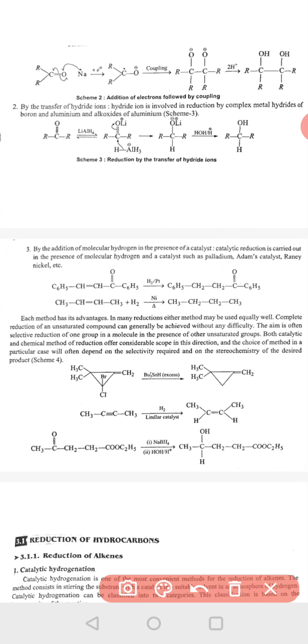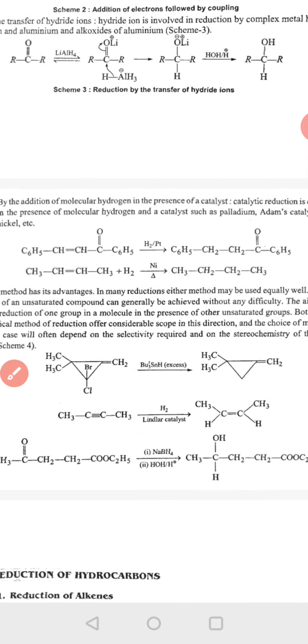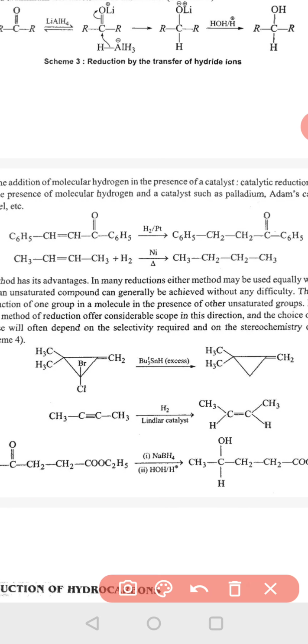Some of the examples of specific reduction are, see here. When we use this reducing agent, this is tributyltin hydride, hydrogenation can occur at two sites.